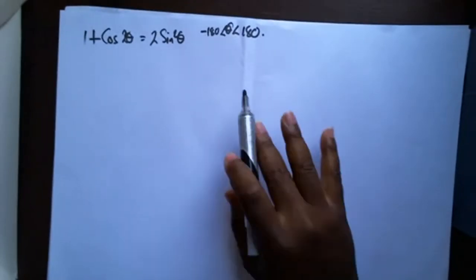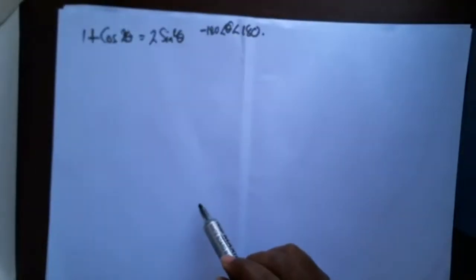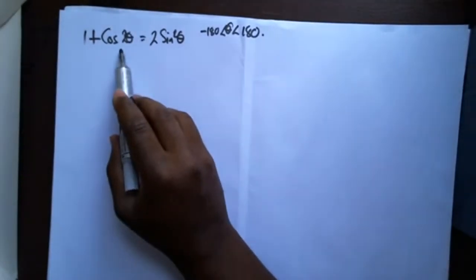So now with this one, we're going to implement identities. Remember when I said your objective is to get cos theta is equal to a particular value or constant, and sine theta is equal to a particular value or constant, right? That is how we will be able to solve. So the objective is to get them to have the same trig ratio. I know cos 2 theta.